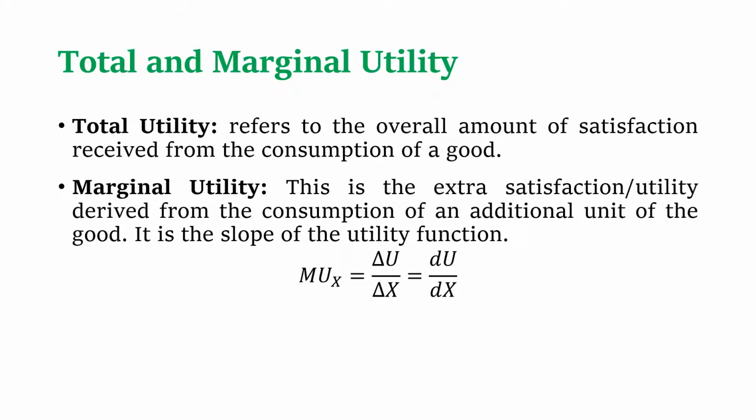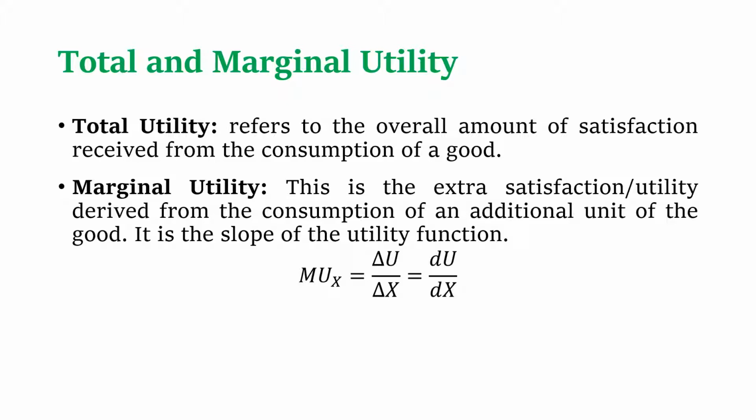Now let's look at total utility. Total utility refers to the overall amount of satisfaction derived from the consumption of a good. The marginal utility, therefore, is just the extra satisfaction obtained from the consumption of an additional unit of the good. If we have a total utility function, the marginal utility is obtained by taking the slope, or the derivative, of the total utility function.